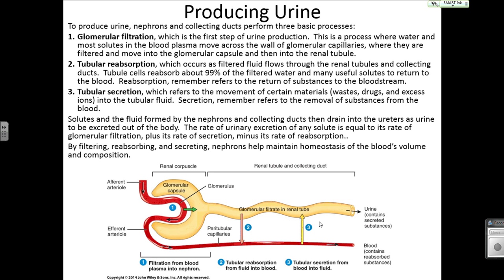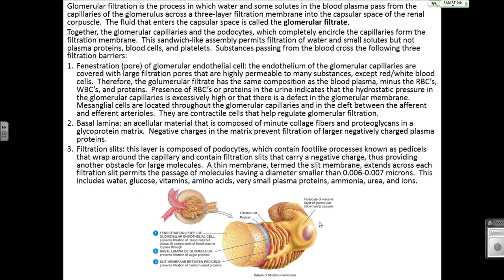Obviously, we're going to go into greater detail with all three of these, and that begins with filtration. Once again, it takes place within our capsule, in what's called the renal corpuscle. So the blood comes in, and then it branches throughout this network of capillaries.